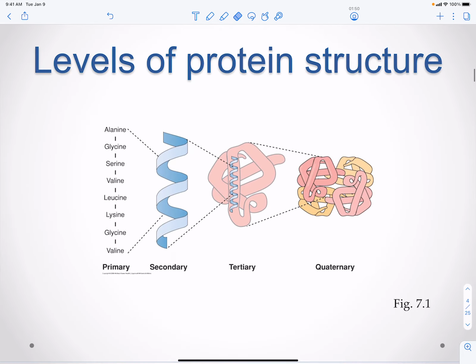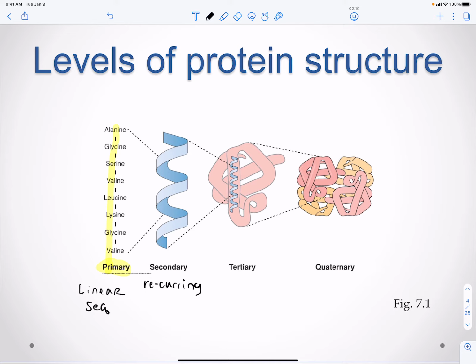Now there are different levels of protein structures. We have the amino acid sequence shown here, which is a linear sequence, and this is primary. So primary is linear, and this is, of course, the sequence. Then secondary are going to be recurring structures, so over and over again you'll have the same structure.